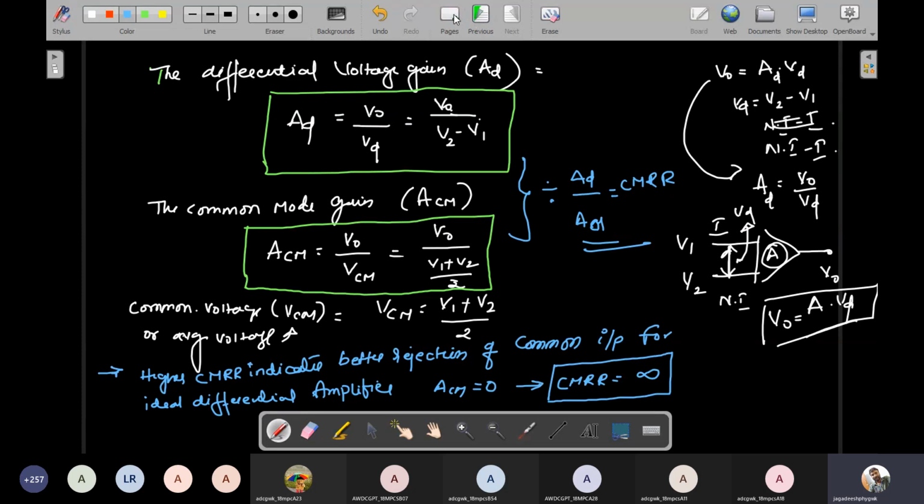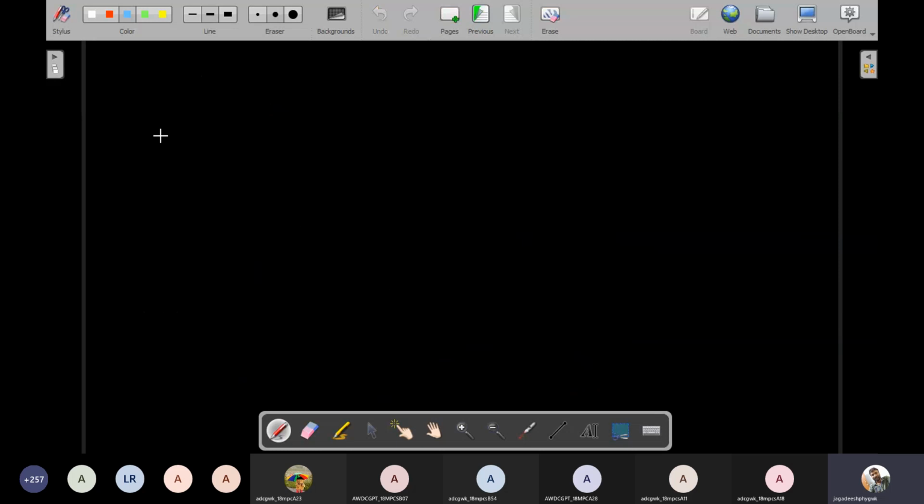Next we discuss the sixth definition, which is called slew rate.